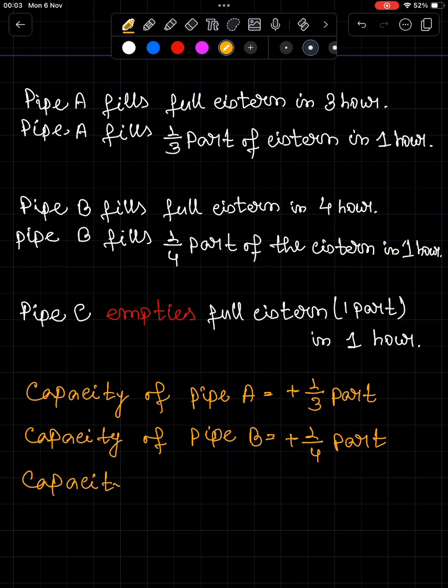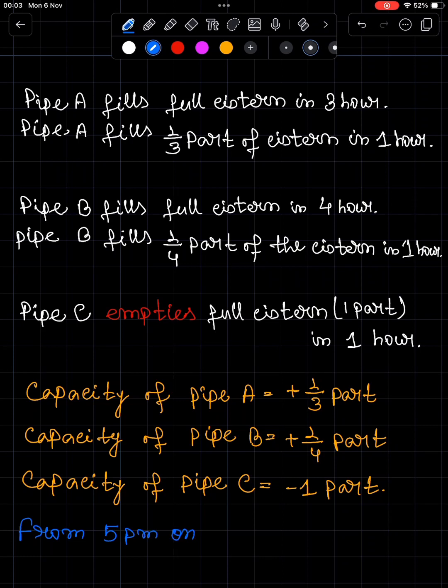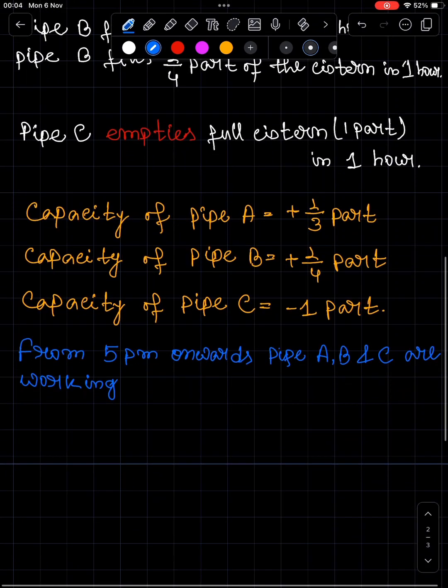Positive sign denotes that they are filling the cistern, and negative sign denotes that they are emptying the cistern. Here the capacity of pipe A is plus 1 by 3, capacity of pipe B is plus 1 by 4, and capacity of pipe C is how much? Minus 1 part, because A and B are filling the cistern and C is emptying the cistern.